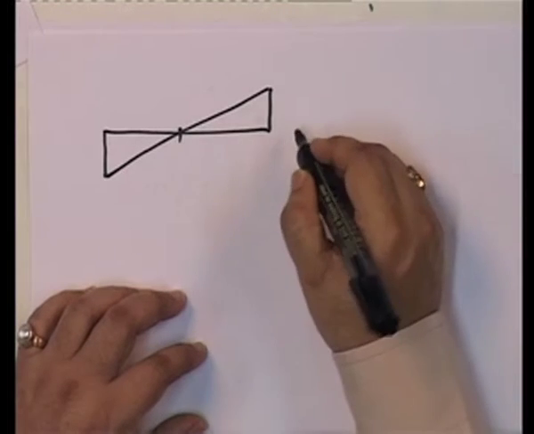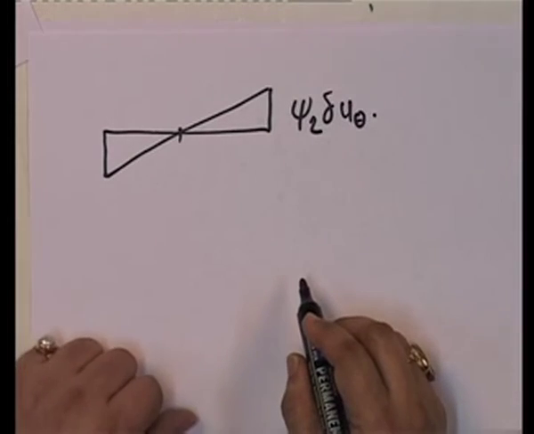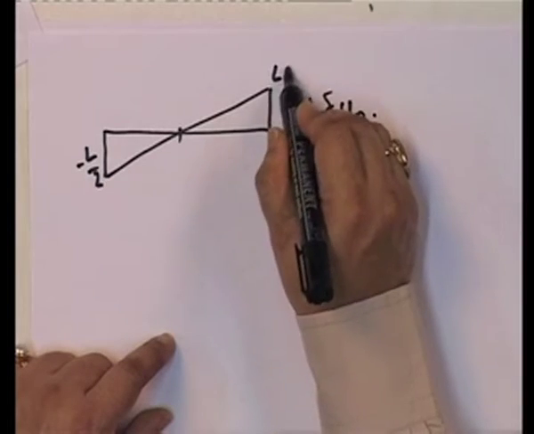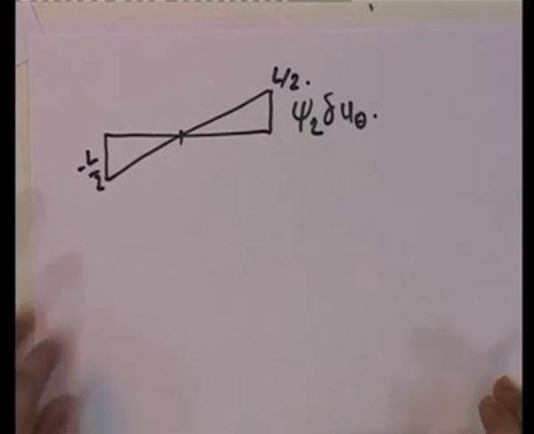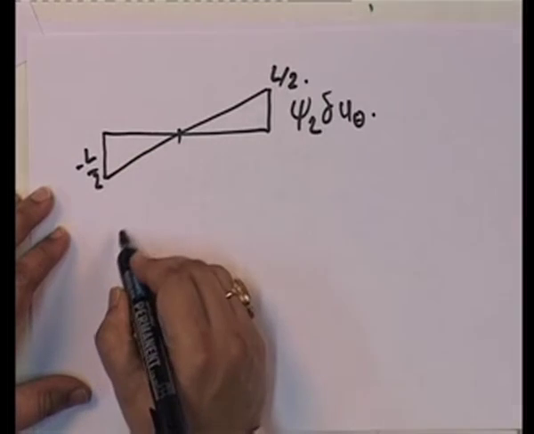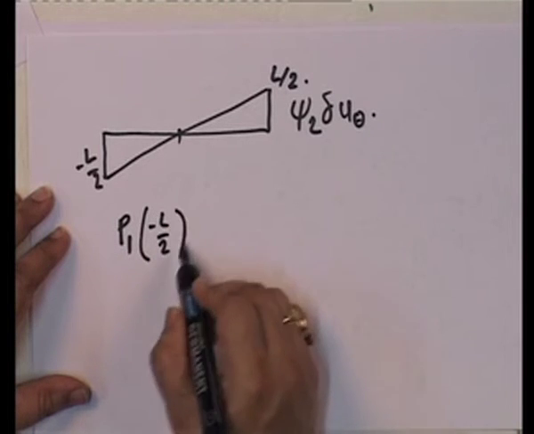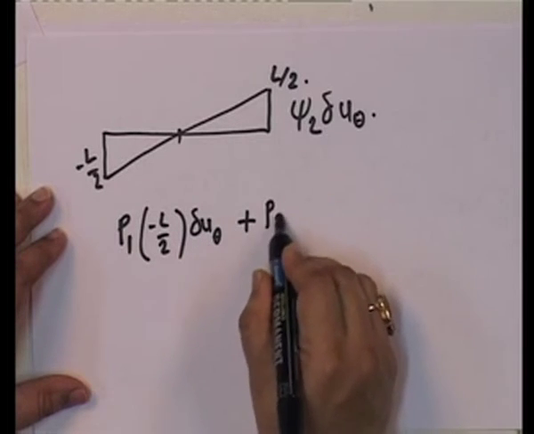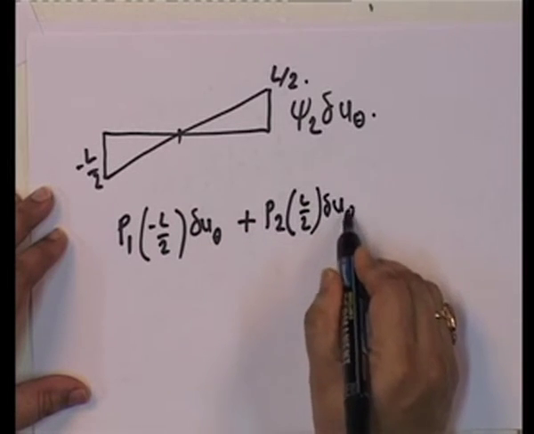So, if you do this, the obvious one to do is a virtual displacement pattern which is like this, where this is minus L by 2, this is L by 2. If you give this pattern, then what does the virtual work equation look like? Let us start. The first one is that P1 here. So, P1 is being subjected to this plus P2 into, right.